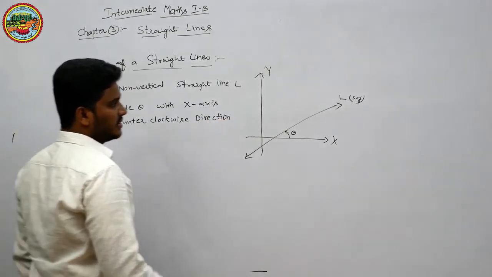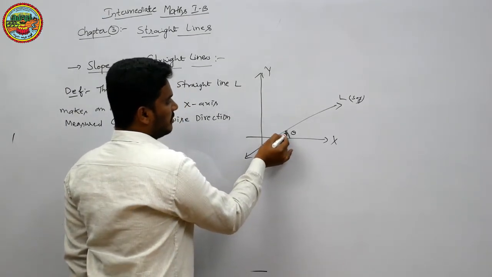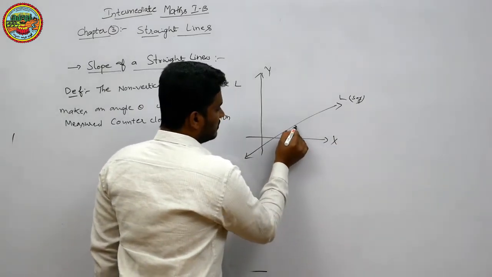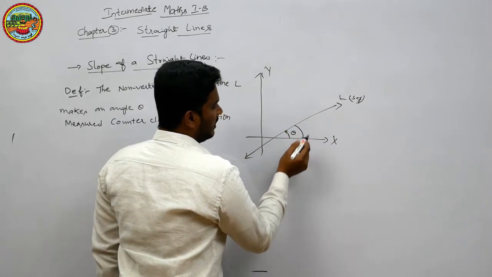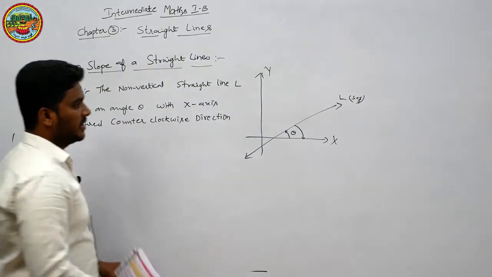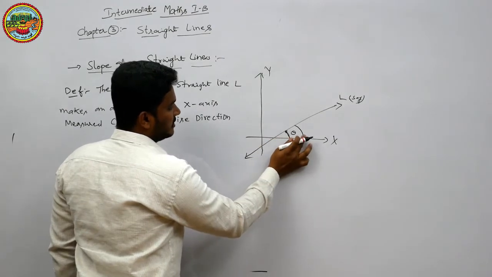Counterclockwise direction means anti-clockwise direction. So this direction is called counterclockwise direction. If this direction is called clockwise direction, you have to observe the notation. Counterclockwise direction means anti-clockwise direction.